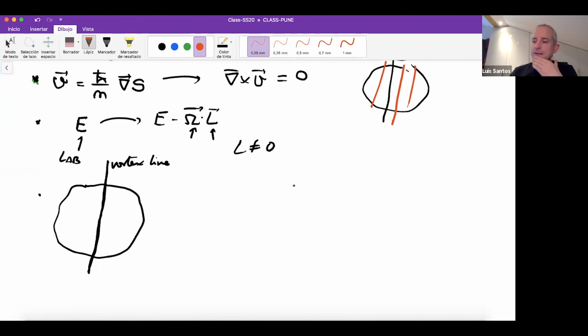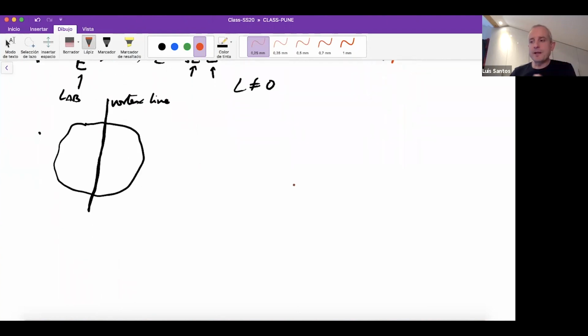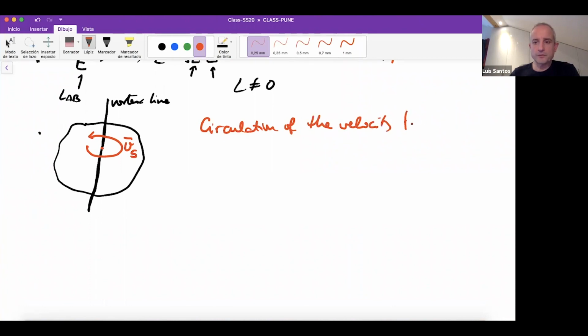Now, the velocity field of a superfluid around these vortex lines, this type of velocity field that we will have here in a superfluid, Vs, is actually a kind of interesting object. Because if I study what is called the circulation of the velocity field, it is something very simple.